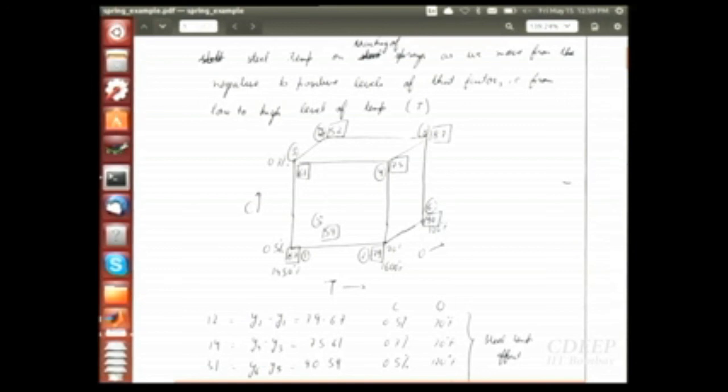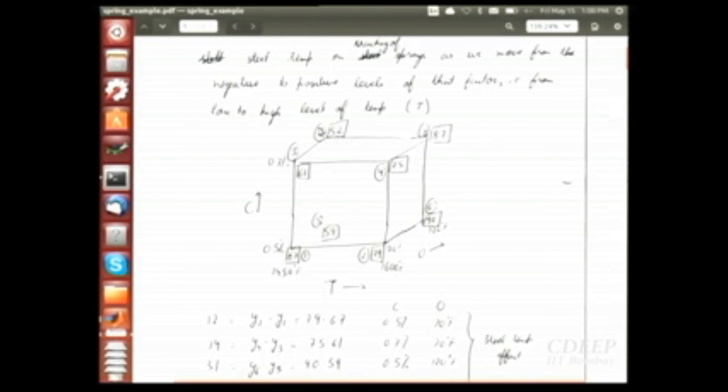Same way, if you want to find the effect of increasing carbon content, again the same idea you can apply, right? There are these two runs where only the carbon content has changed. Again, this pair of runs, this pair of runs, this pair of runs. Actually, what you are doing is you are looking at this top plane, which are these 4 runs corresponding to carbon at the higher level.